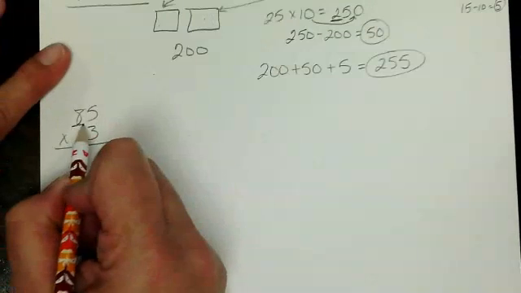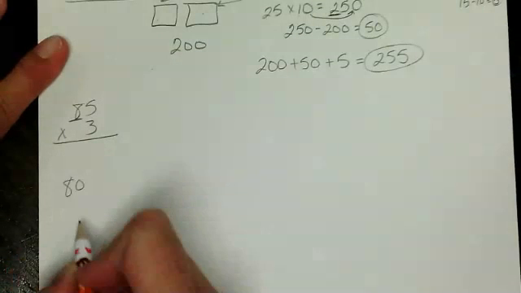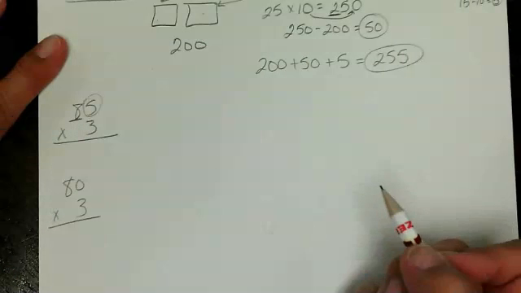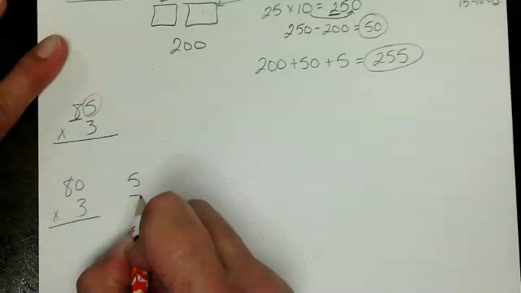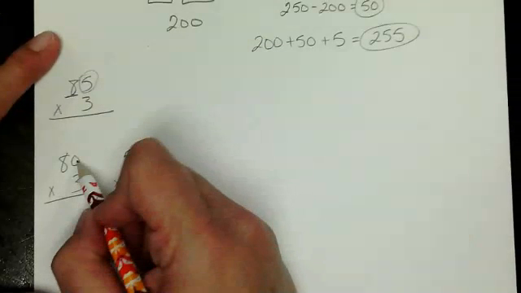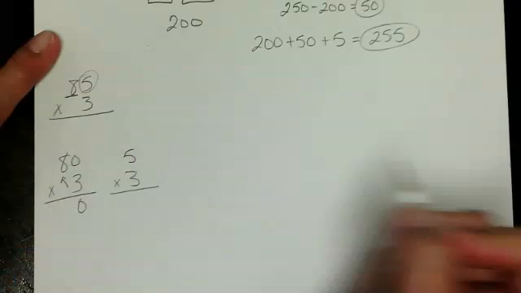I have an 8 in my tens place. 8 tens is 80 times 3. And I have a 5 in my ones place. 5 times 3. This is partial product. So 3 times 0, anything times 0 is 0. 3 times 8.